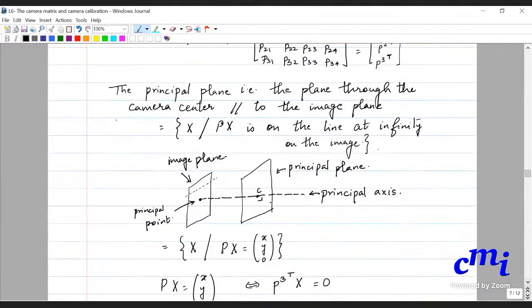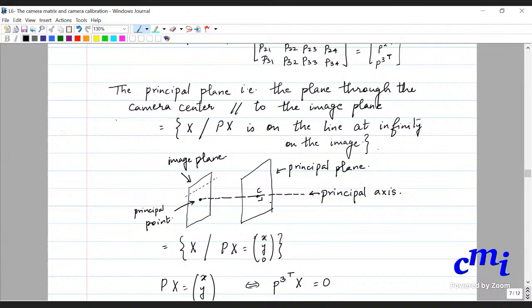The same set can be expressed as the set of all x such that Px is on the line at infinity on the image plane. But what are the points that lie on the line at infinity? They will be of the form where the first component is free, the second one is free, you can have anything here, and the third component is 0. Correct? So points of this form are points at infinity on the image plane.